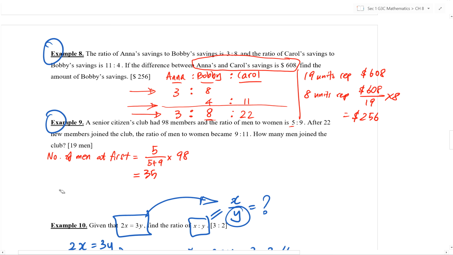New number of men. Now we have 9 units out of a total of 20 units who are men. 9 out of 9 plus 11. The total number of people will be 22 plus 98.